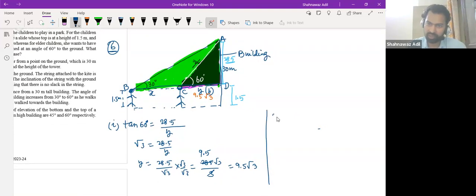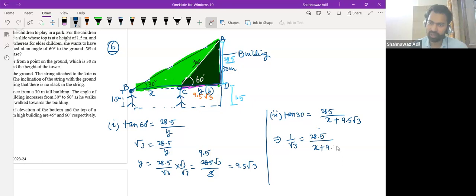So again we have to use tan theta, right? Using tan 30, it is 28.5 divided by x plus 9.5. Tan 30 is 1 by root 3, so x plus 9.5 root 3 equals 28.5.